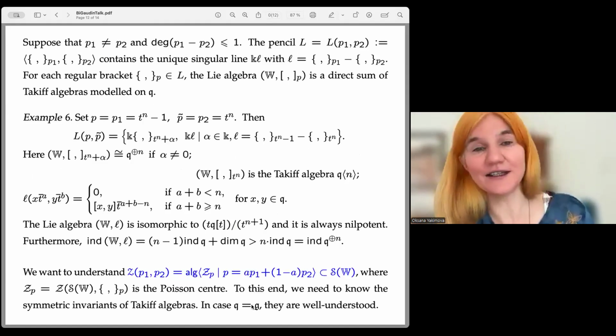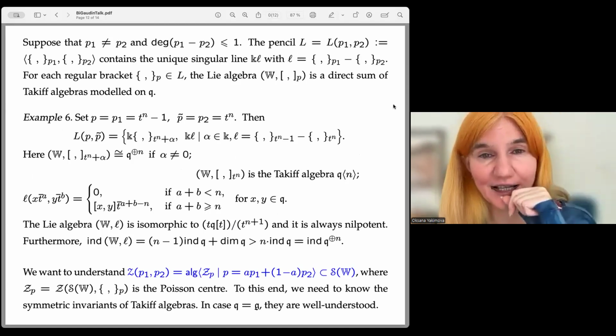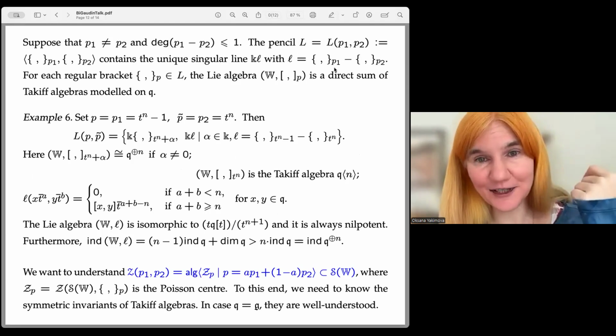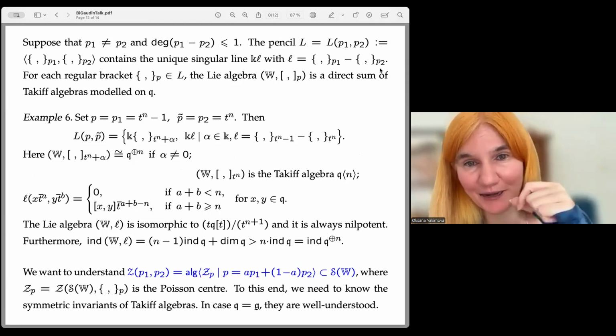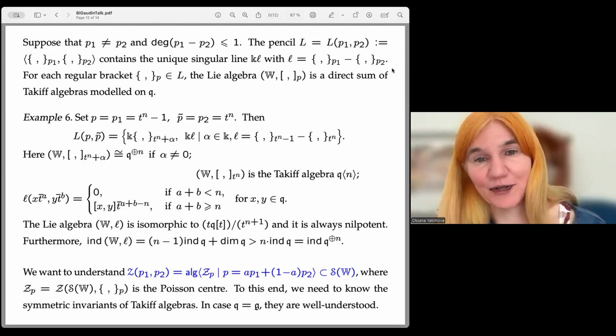This allows us to describe regular and singular structures in the pencil generated by two polynomials. So whatever is really given by a polynomial will be regular, and the only singular one will be the difference of these two Poisson brackets.